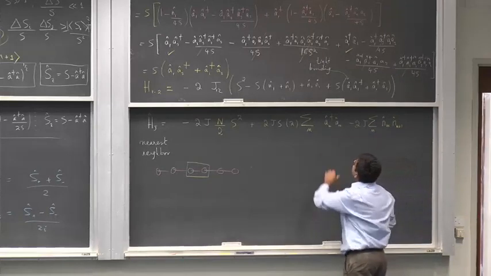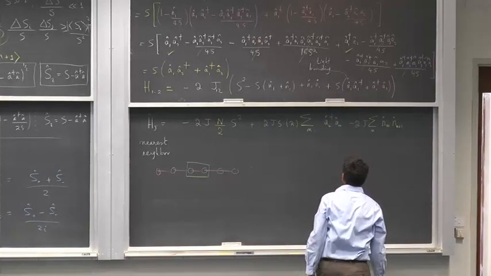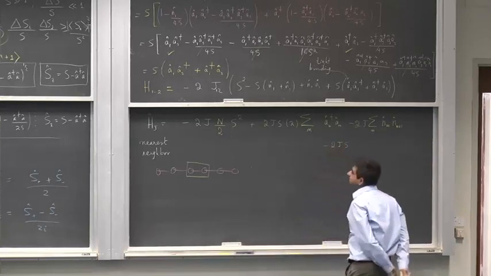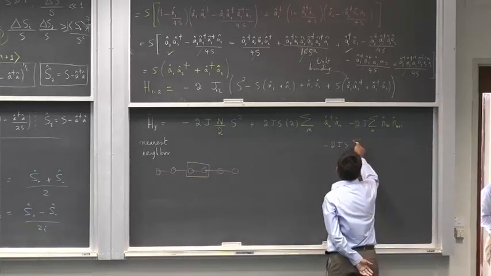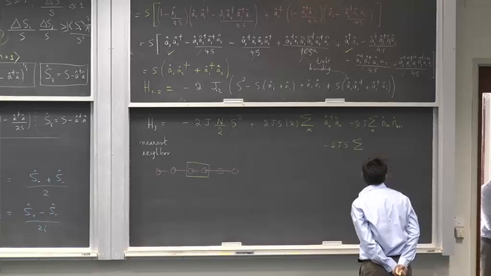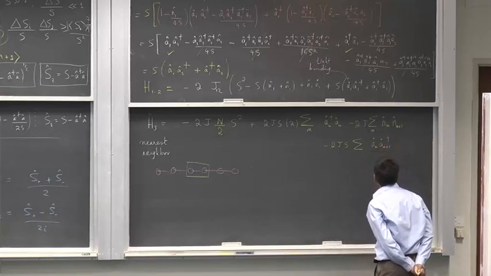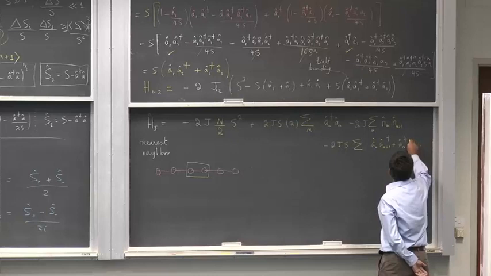Okay? Then I have this thing here. This is minus 2js, and I have a on the m spin, a_m plus 1, I have the creation operator plus a_m creation operator, a_m plus 1 annihilation operator.